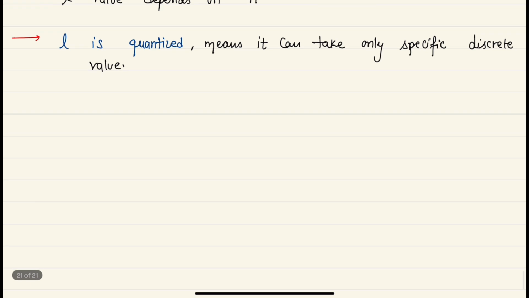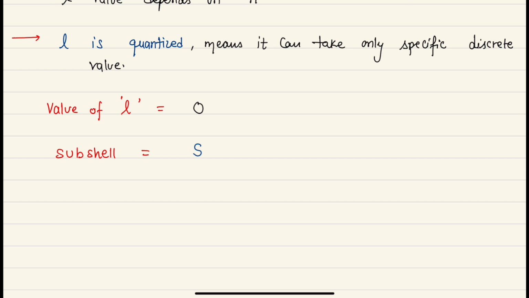Now we will discuss something very important. Write here the value of L, and here write the subshell. If you have L value 0, it is called the s subshell.